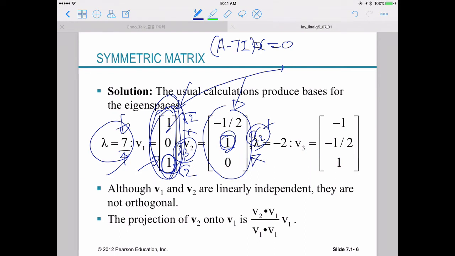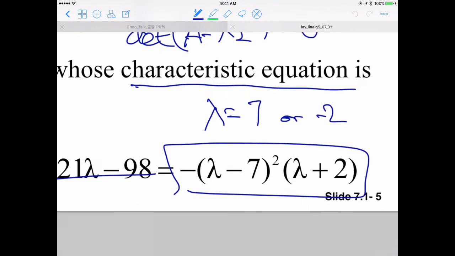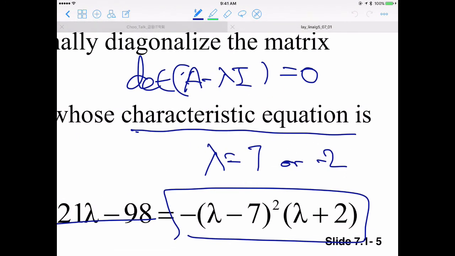Let's move on to the second one. The second eigenvalue is -2, so let's look at the algebraic multiplicity. 7 as an eigenvalue had algebraic multiplicity 2, and fortunately we have two linearly independent eigenvectors, so we can orthogonalize them to get an orthonormal basis.